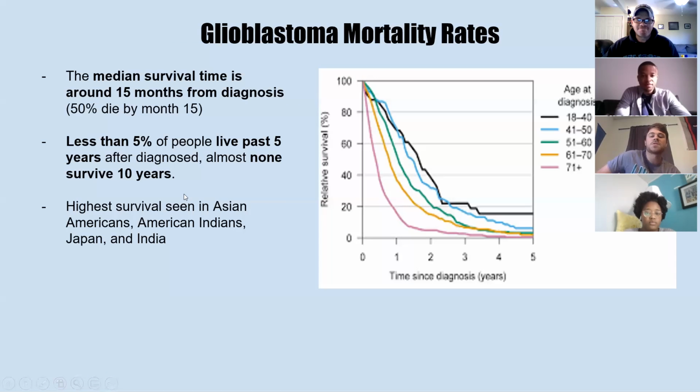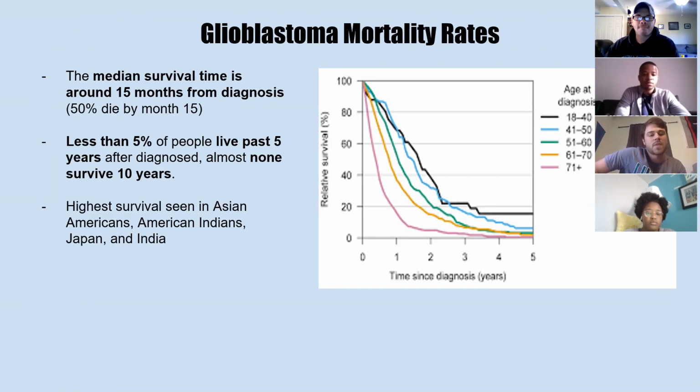Like I was saying about the mortality rates, the prognosis is not very good. The median survival time is only around 15 months from the diagnosis, which means that 50% of the patients who are diagnosed are dead by 15 months, less than 5% live past 5 years, and almost none of them survive past 10 years after diagnosis.